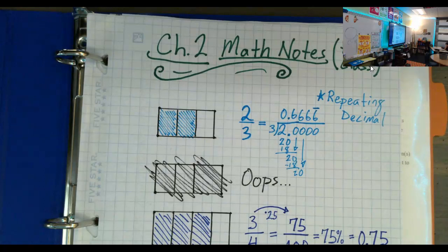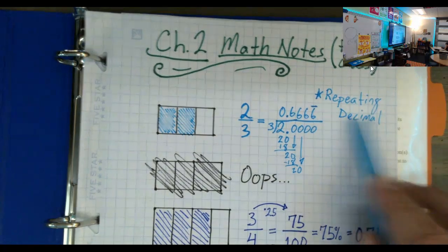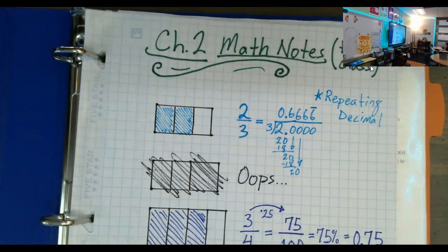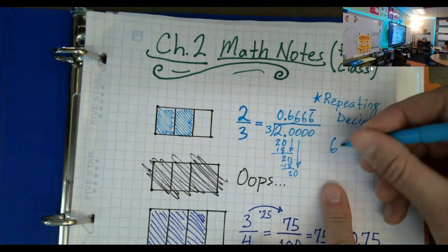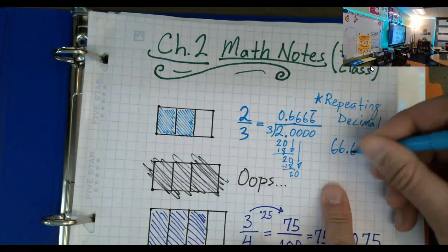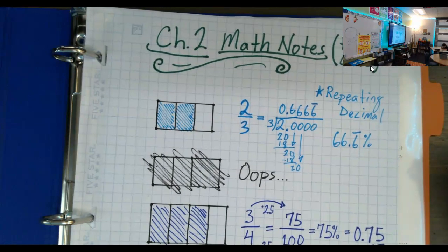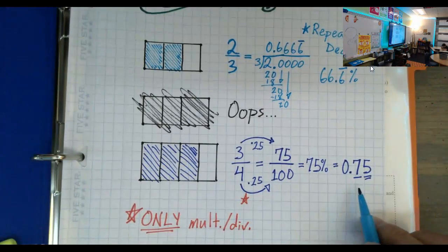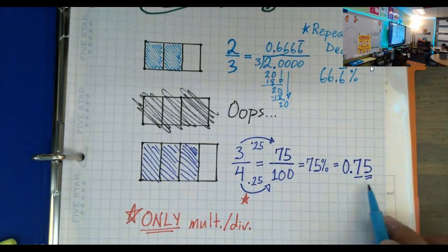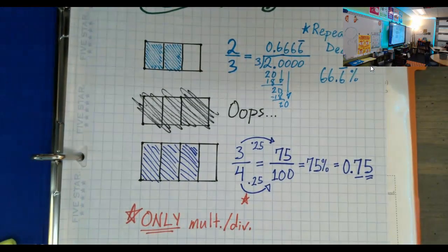So if this is a repeating decimal, by the way, if you want to make the note, the percent here would be 66.6 repeating percent. Down here, if it's not repeating, what do you think we call it when it stops?